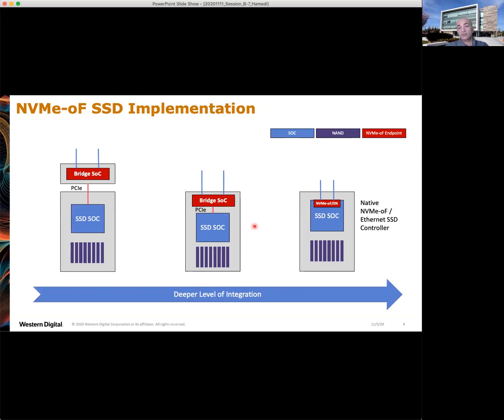And then ultimately, the deeper level of integration is when NVMe over Fabrics becomes part of the controller. You perhaps eliminate some of the unneeded pieces around PCIe conversion and so on. And this is really when you start to see the cost going back down to the levels where this becomes more economically feasible for the industry.